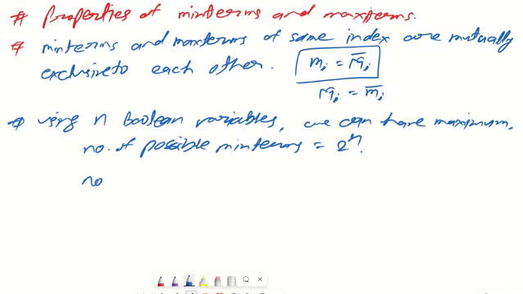Similar to that, the number of possible max terms is going to be 2 to the power n.